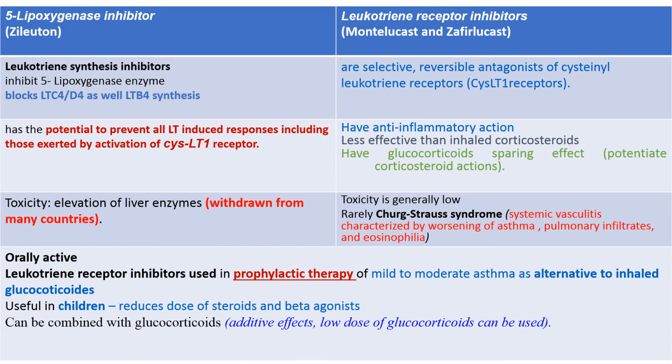These leukotriene receptor antagonists have anti-inflammatory action, but as far as that is concerned, they are less efficacious than the inhaled corticosteroid, but they actually potentiate the corticosteroid action, and they have a glucocorticoid sparing effect.